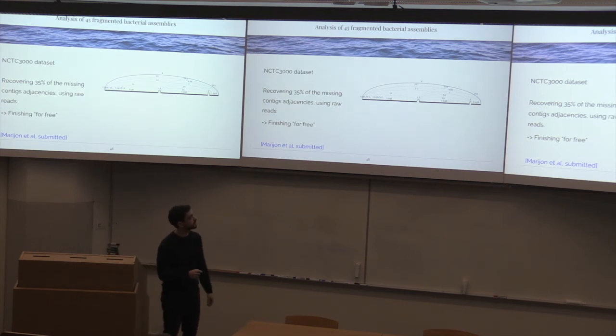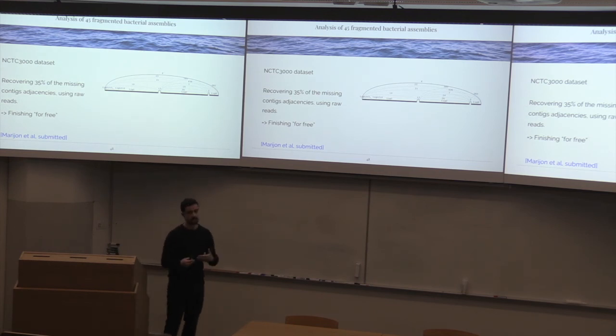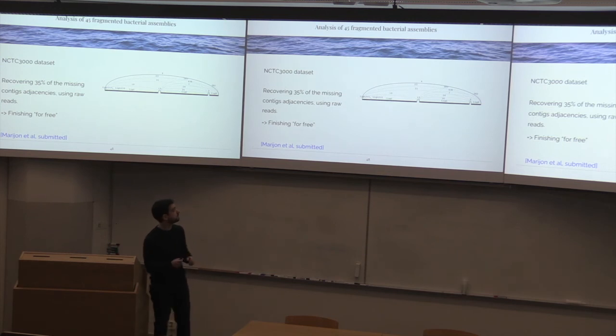You can see that links which have a small number of reads between them are likely to be adjacent, and the ones which have a high number of reads are more likely to go through a repetition, so less likely to be real. Using this method, we were able to recover on average 35% of the contig adjacencies which were not reported by the assembler, and we hope to go a little bit higher than this. So essentially, this is "finishing" for free.